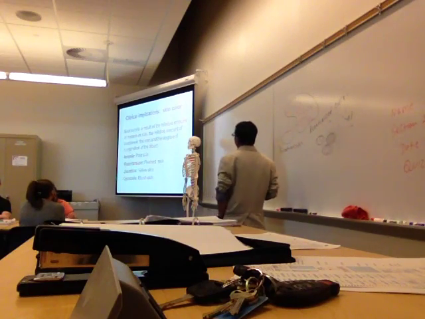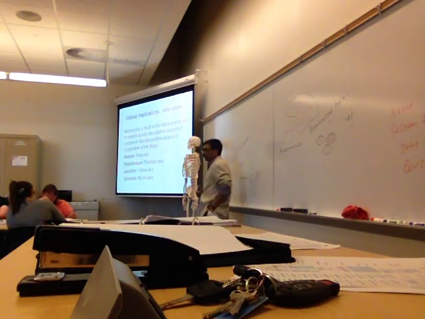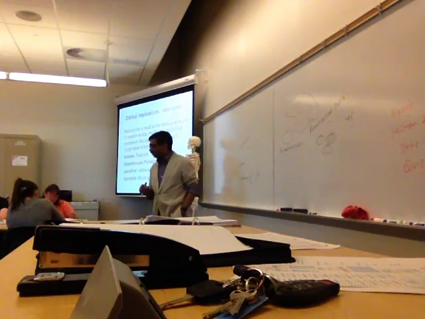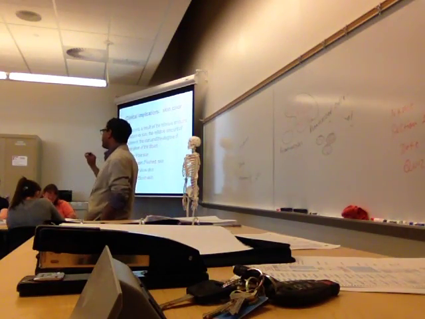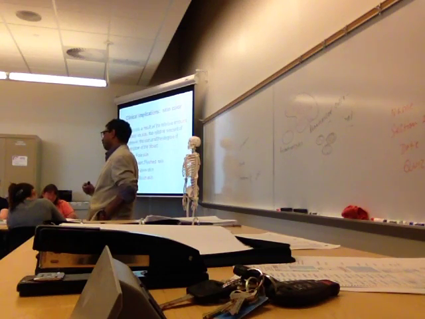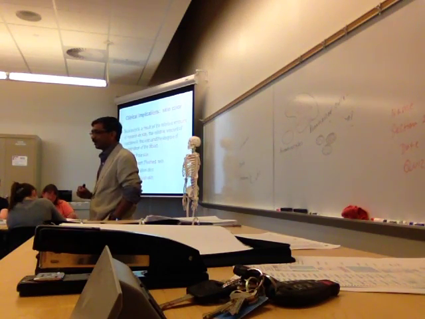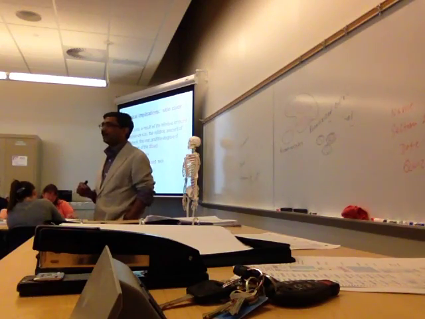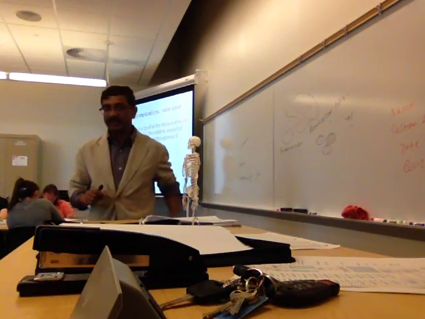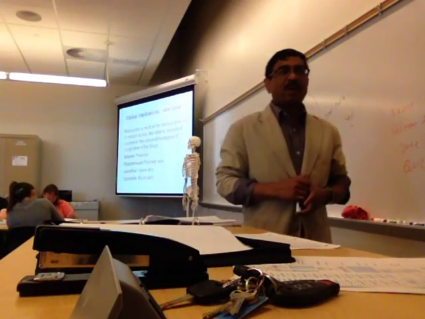Clinical implications of skin color. Skin color provides us with some important information about some clinical conditions. By looking at the skin color, we can detect some diseases or clinical conditions. So, what are those?